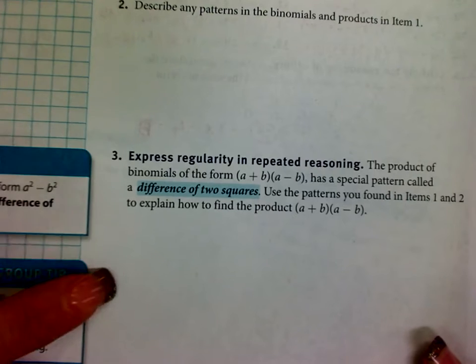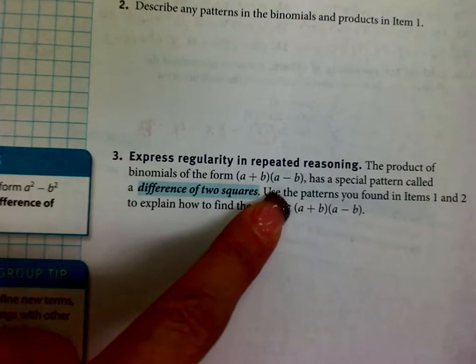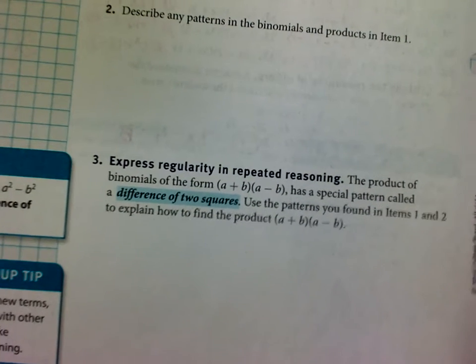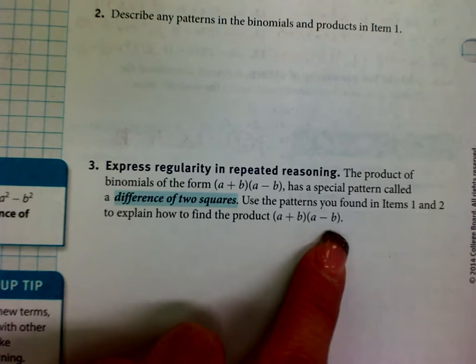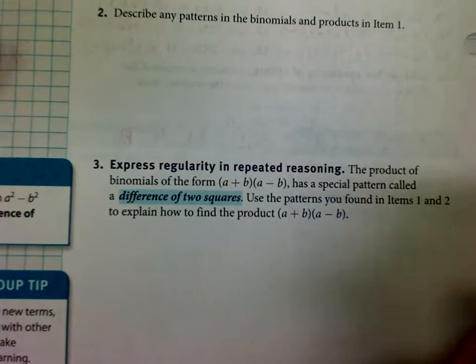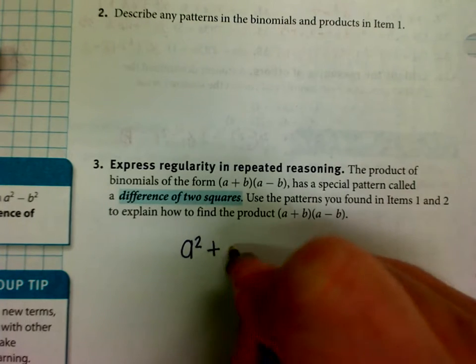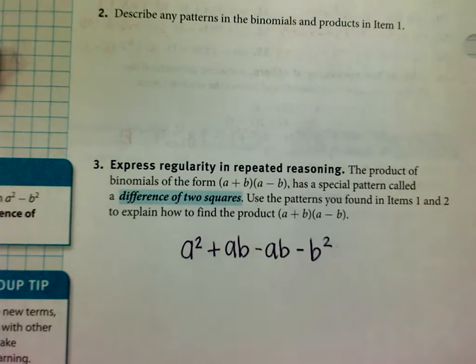So the product of binomials in the form of a plus b and a minus b has a special pattern called the difference of two squares. Using the pattern you found in item 1 and 2, explain how to find the product of a plus b times a minus b. And we talked about that. A squared, so we have an ab and a negative ab and a negative b squared.